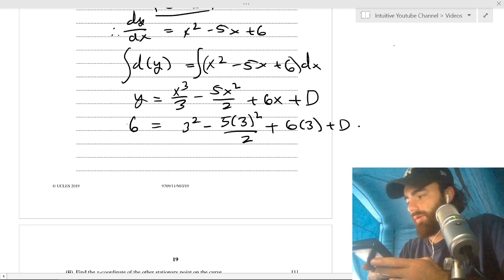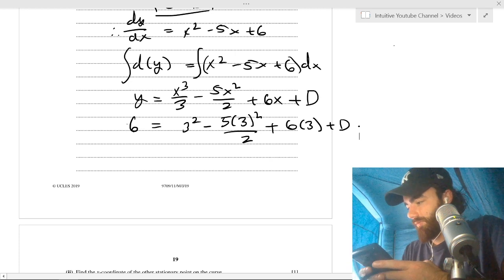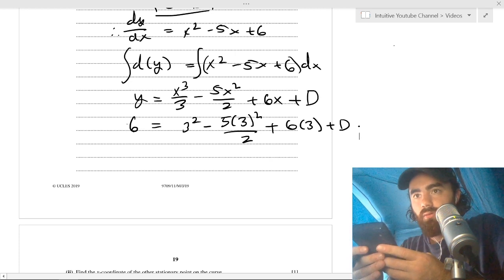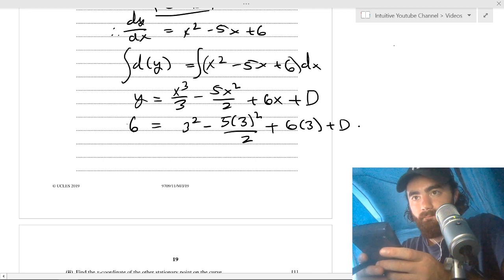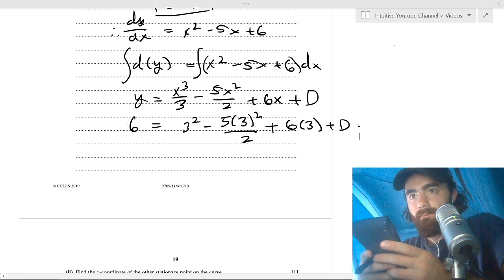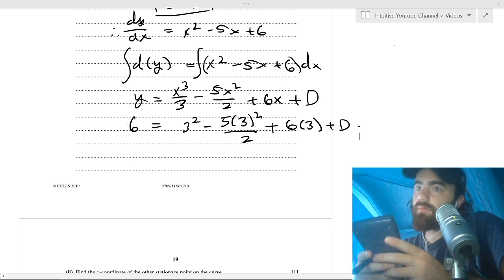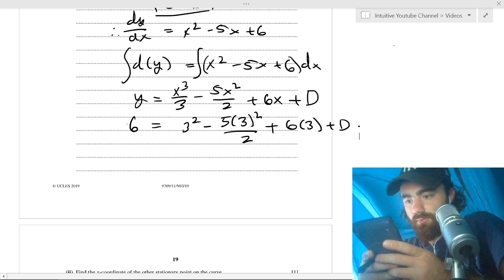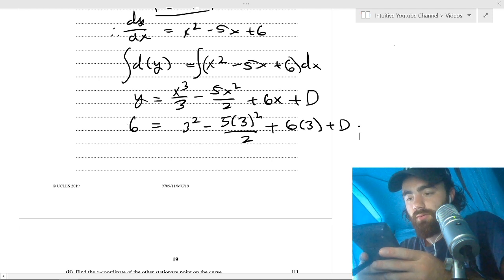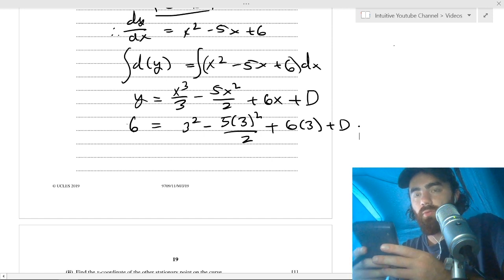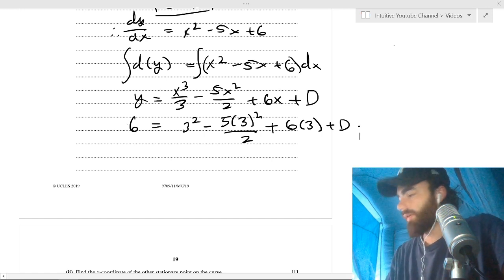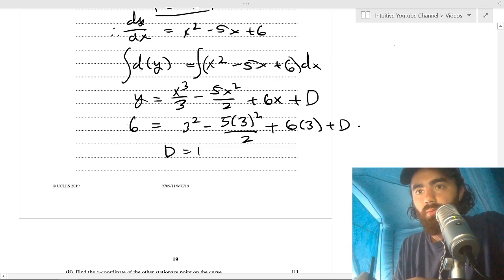And then we take that over and we get 6 minus 4.5, so we get d equals 1.5.